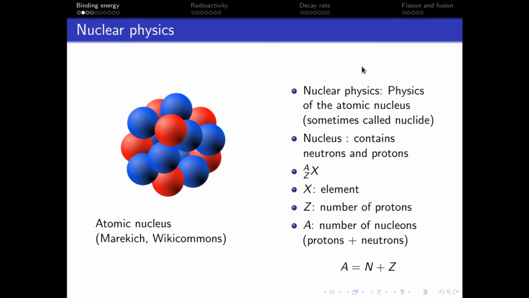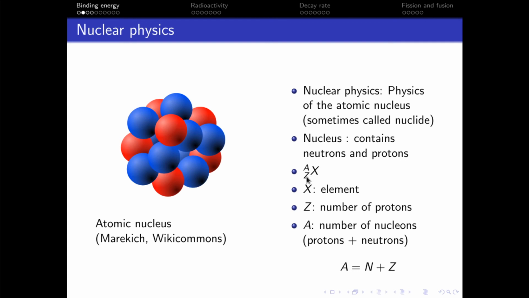In general, when we talk about a given nucleus, or as it will sometimes be called, a nuclide, we'll use the following notation. We'll put X here to specify the element. For instance, if we were talking about oxygen, this would be an O. If we were talking about calcium, this would be Ca. And we'll put in superscript and subscript two quantities.